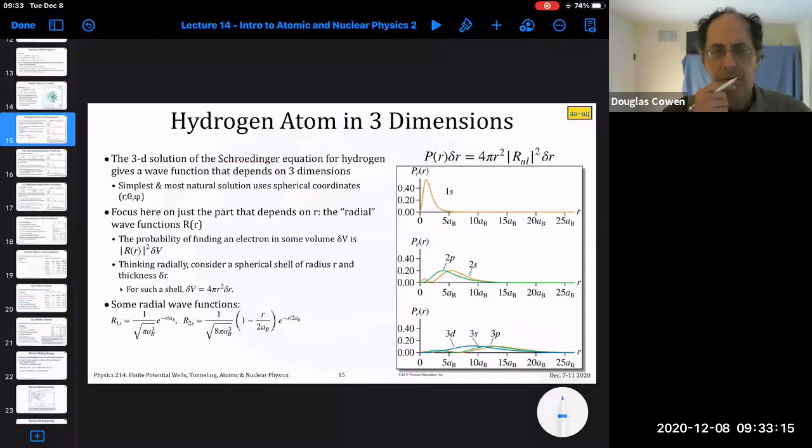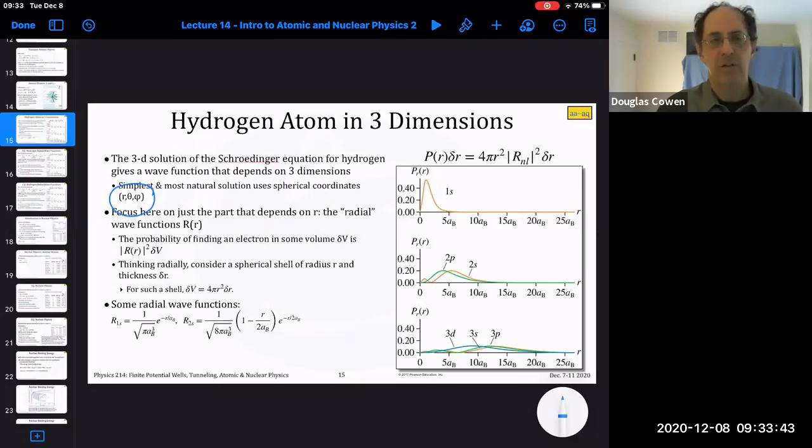When we solve the Schrodinger equation in 3 dimensions, it's done using spherical coordinates. And as you may know, one of the spherical coordinates is r. The other 2 are the angles theta and phi. And we're going to focus on the radius, r.